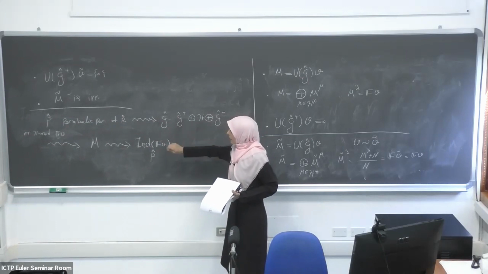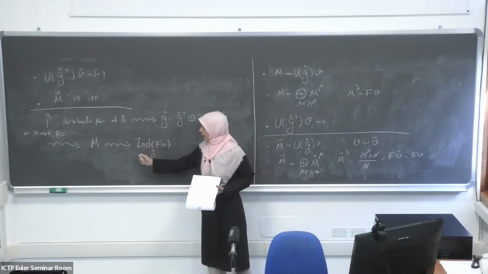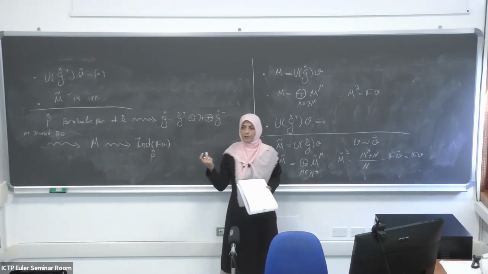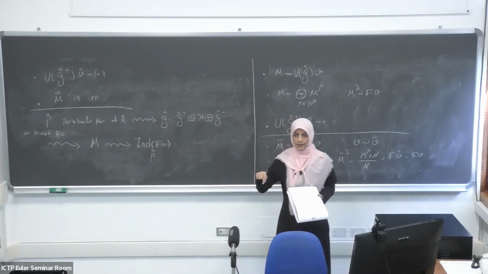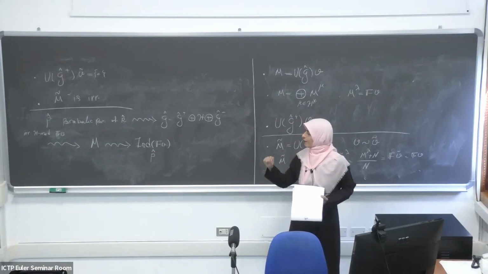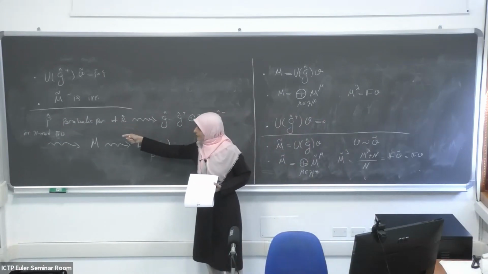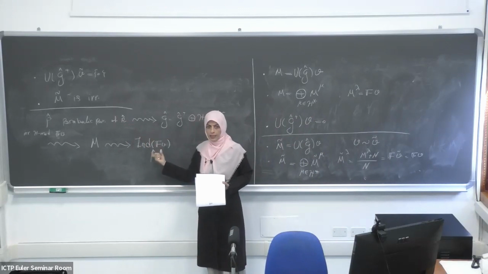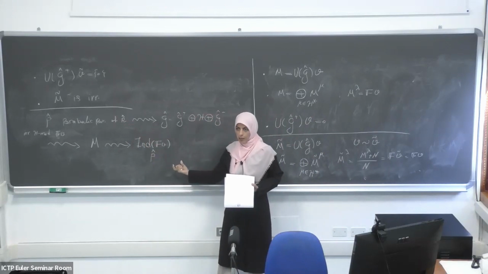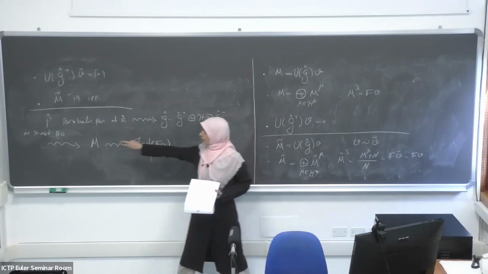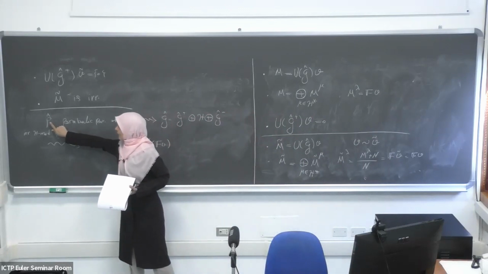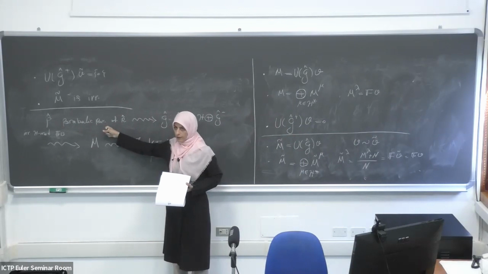Look at this. What was our aim? We wanted to find modules for G hat. We want to have an irreducible module for G hat. And this shows us how we can get an irreducible module for G hat. It is enough to get a parabolic partition.